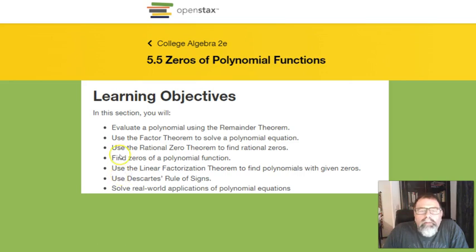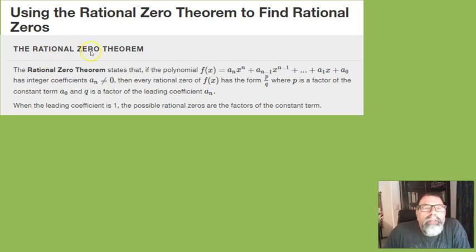Okay, our next learning objective: use the Rational Zero Theorem to find rational zeros. The Rational Zero Theorem states that if the polynomial f of x equals a sub n x to the n plus, and then you've got descending order all the way down to the constant term a sub 0.